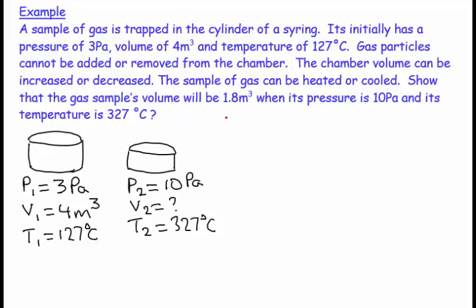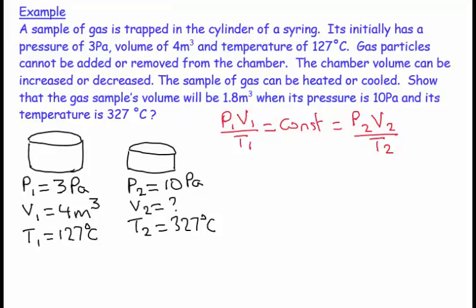And the gas law says that P1 V1 over T1 is equal to a constant, and so it's equal to, well, P2 V2 over T2.